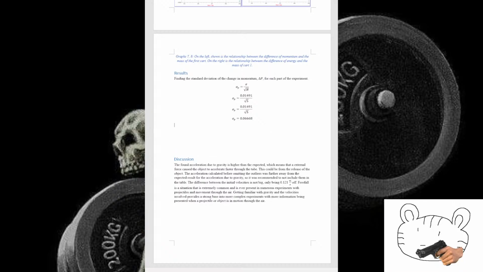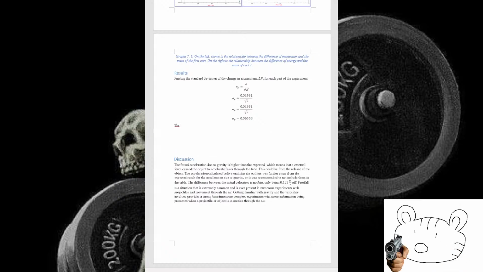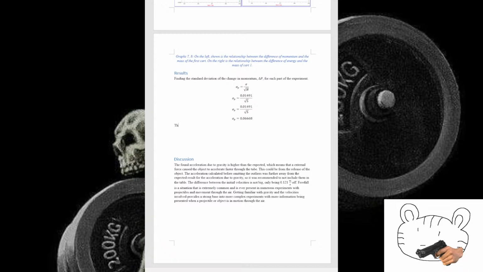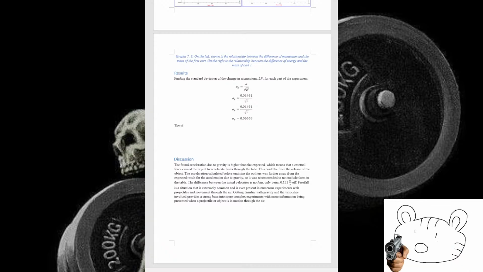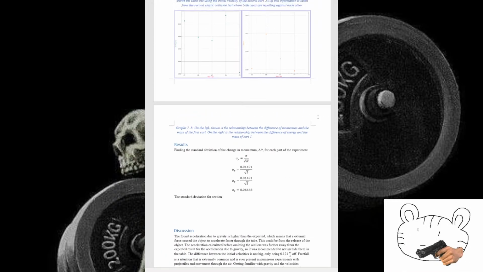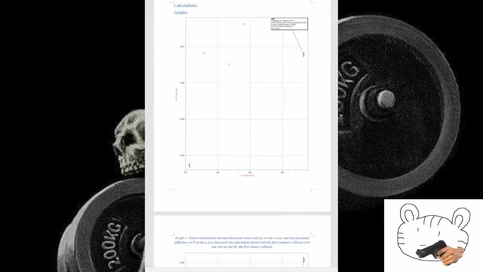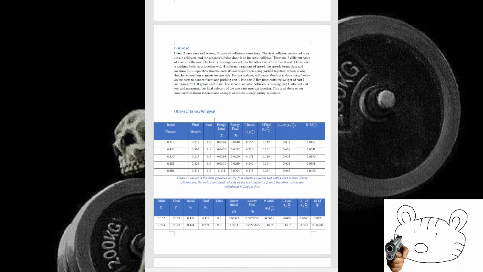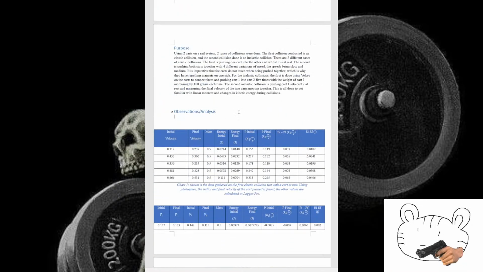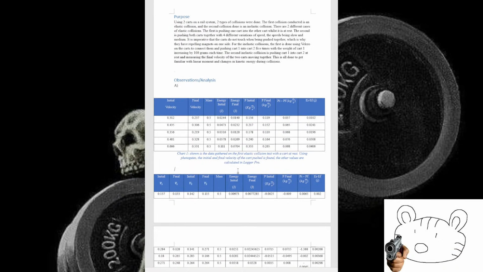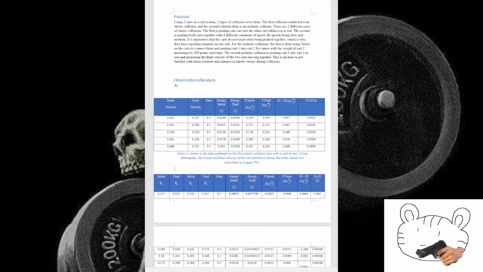So, the standard deviation for section A, B, C, D. I should section these.